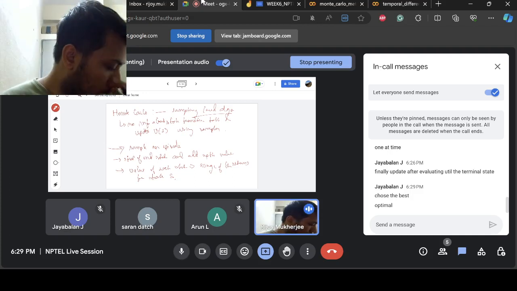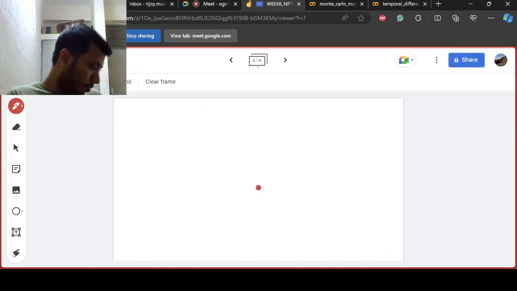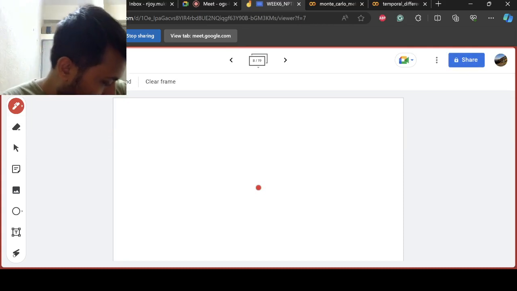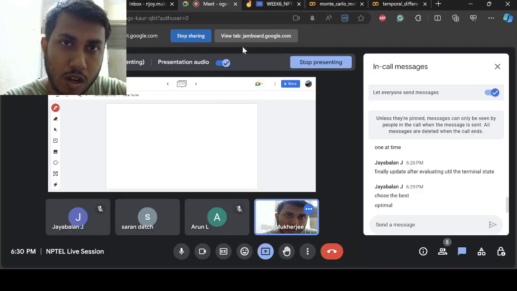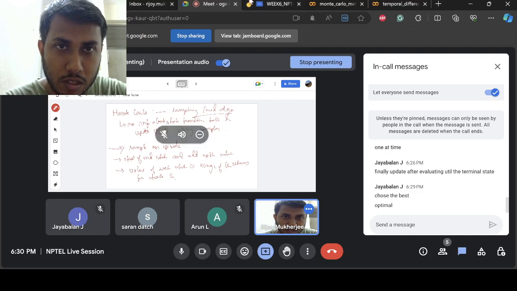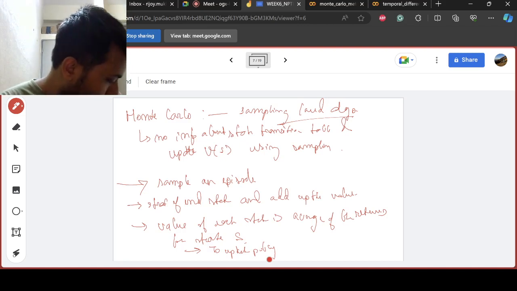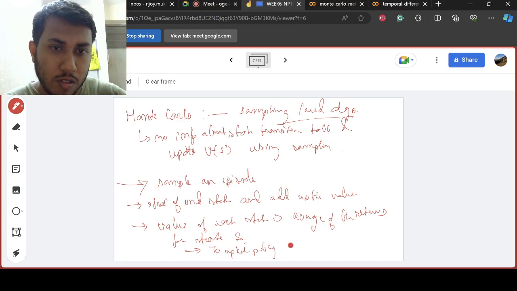To update the policy, choose the action that gives max Q(S, A), right?